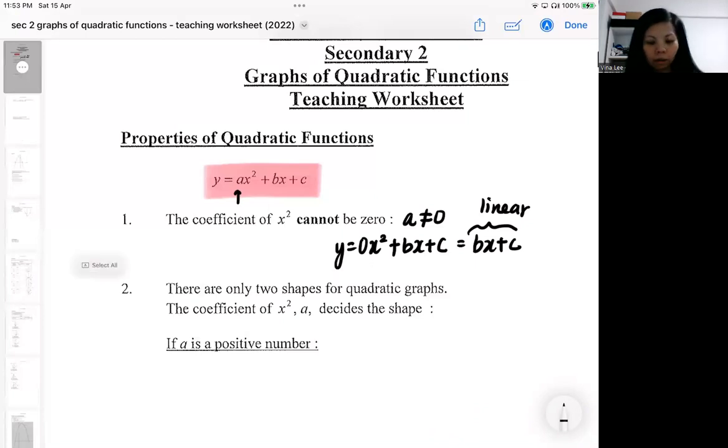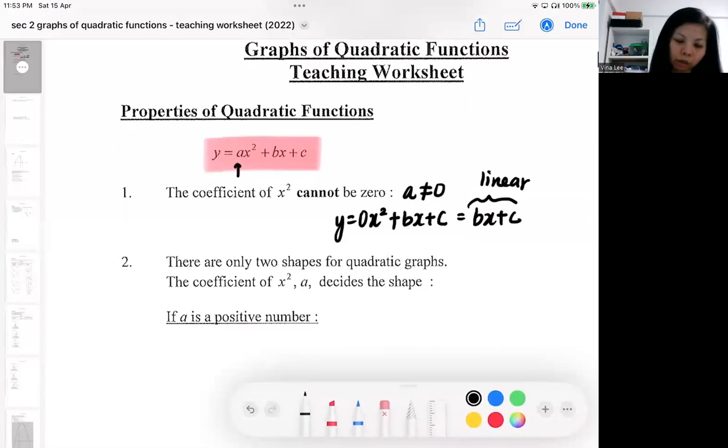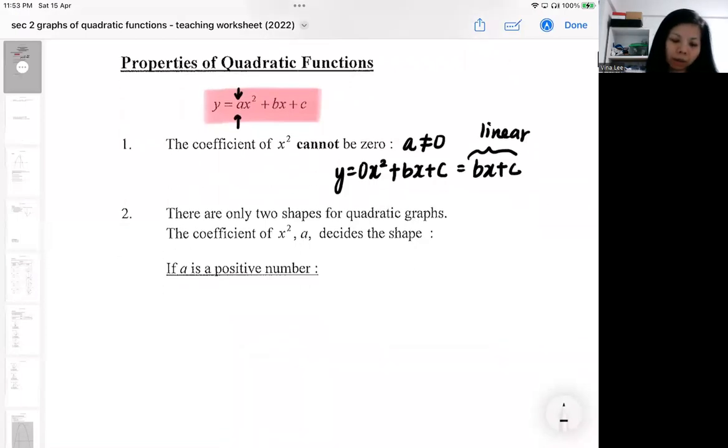Then there are only two shapes for the quadratic graph, and the shape is decided by the coefficient a. This is a very important person. This person will decide the shape.